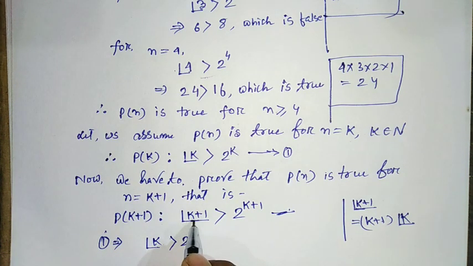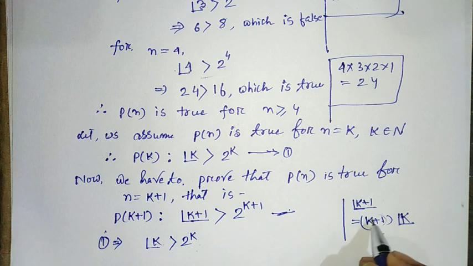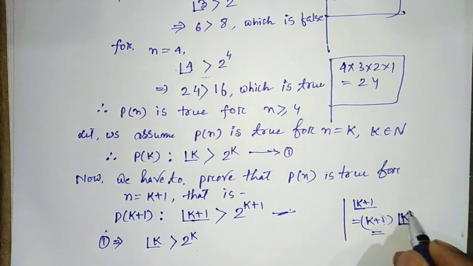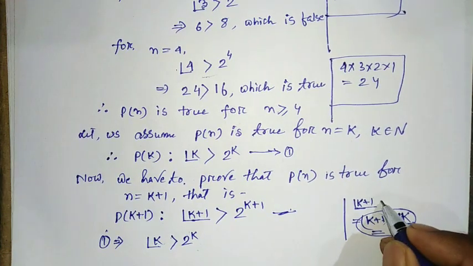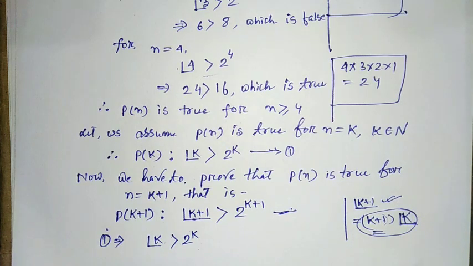To get factorial k plus 1, we have to multiply k plus 1 with factorial k, because k plus 1 into factorial k gives us factorial k plus 1.